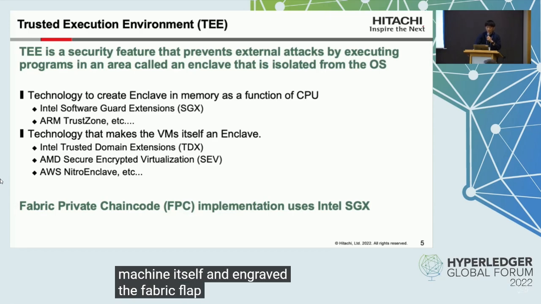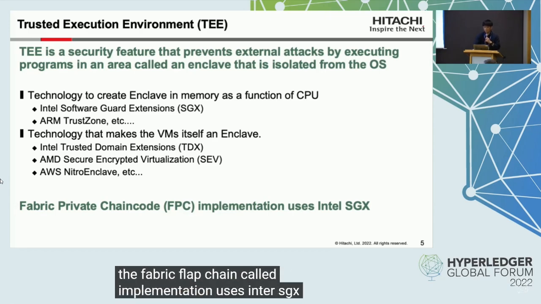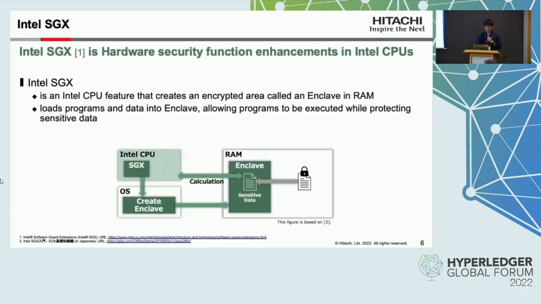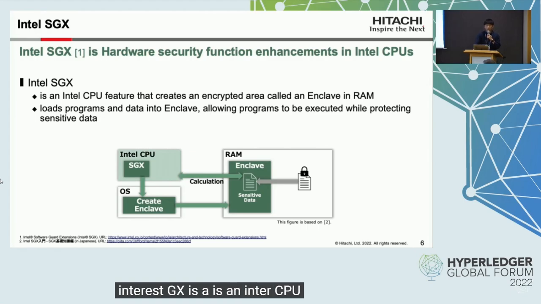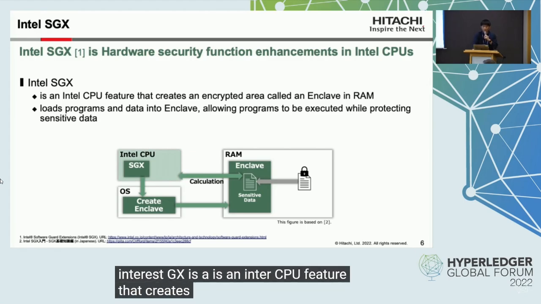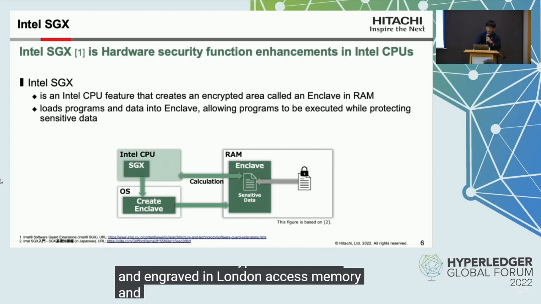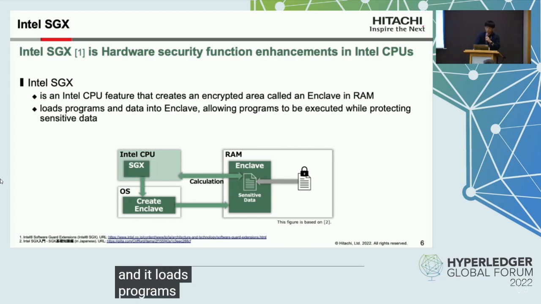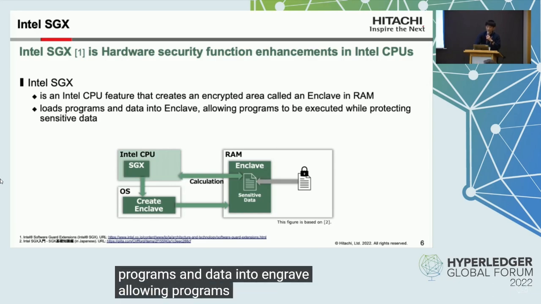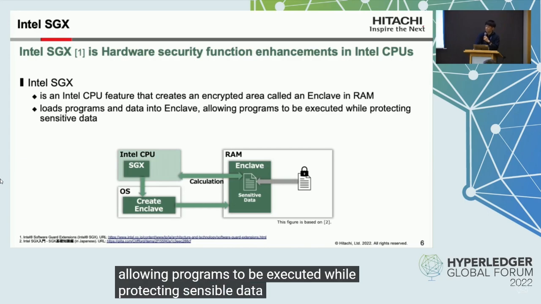The Fabric private chain code implementation uses Intel SGX. Intel SGX is an Intel CPU feature that creates an encrypted area called an enclave in random access memory. And it loads programs and data into the enclave, allowing programs to be executed while protecting sensitive data.